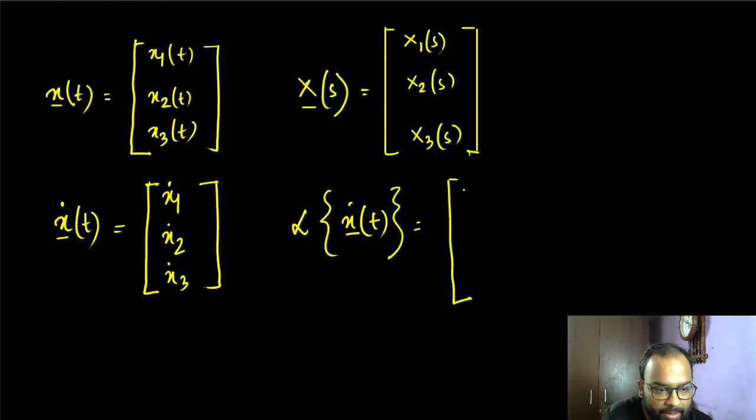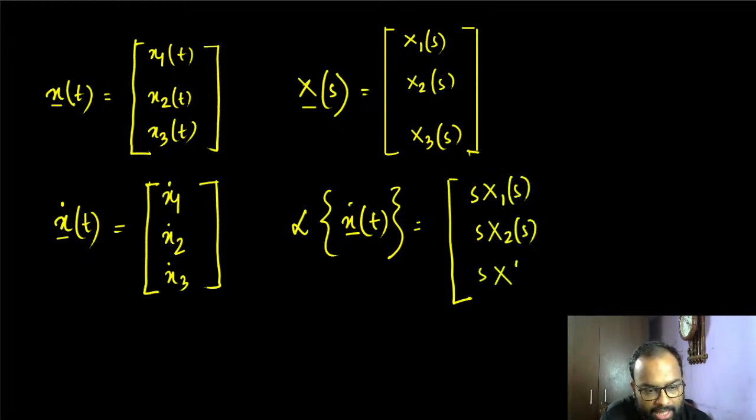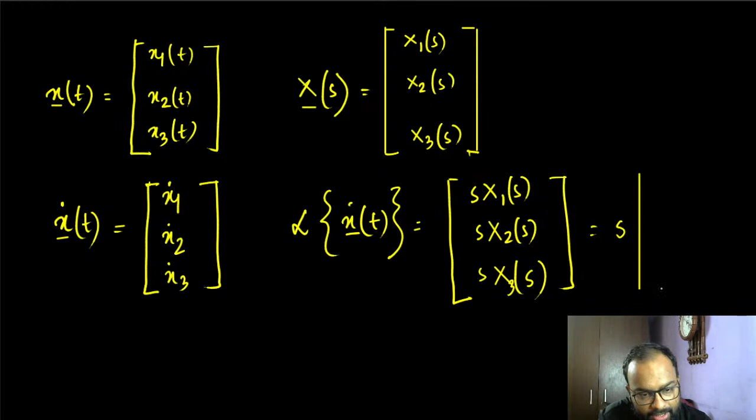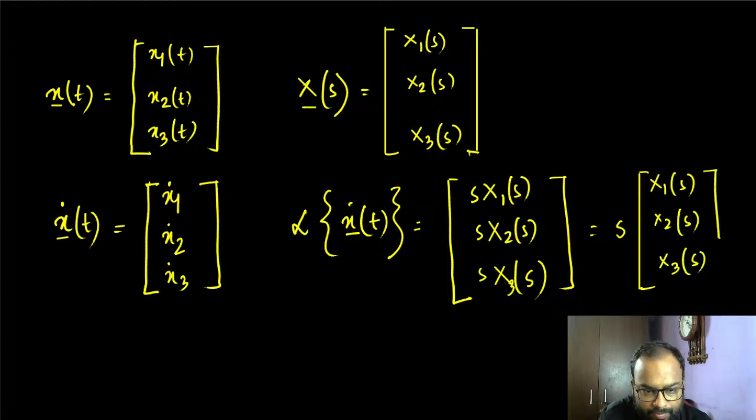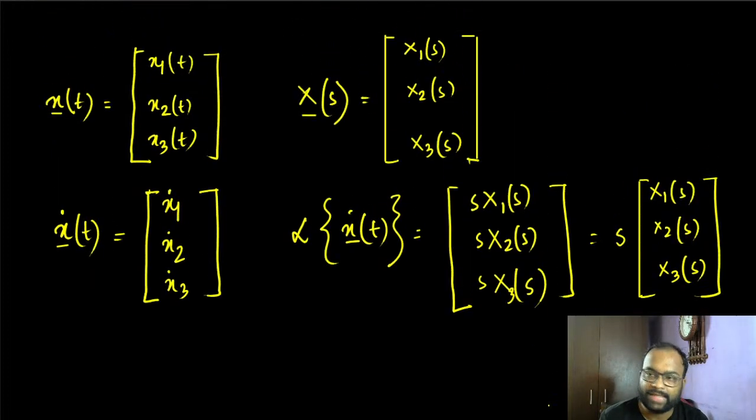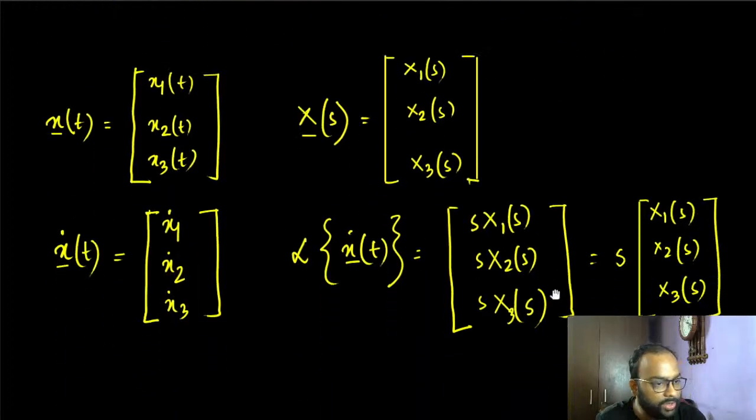So it is going to be sX1(s), sX2(s), sX3(s), and from that you can factor out this s, and thus we have X1, X2, X3. So that is just s times X(s). All right. So that is the idea here. That's the rough calculation that you need to remember.